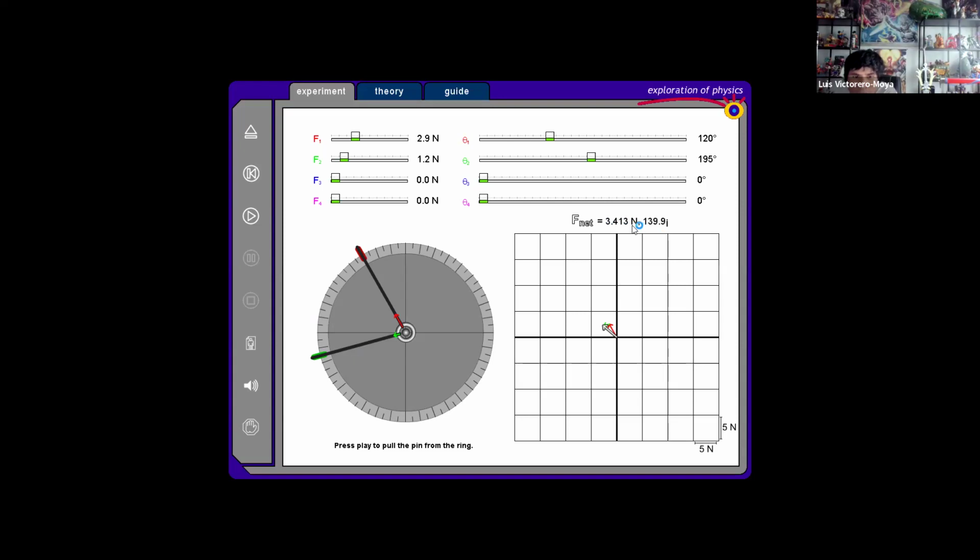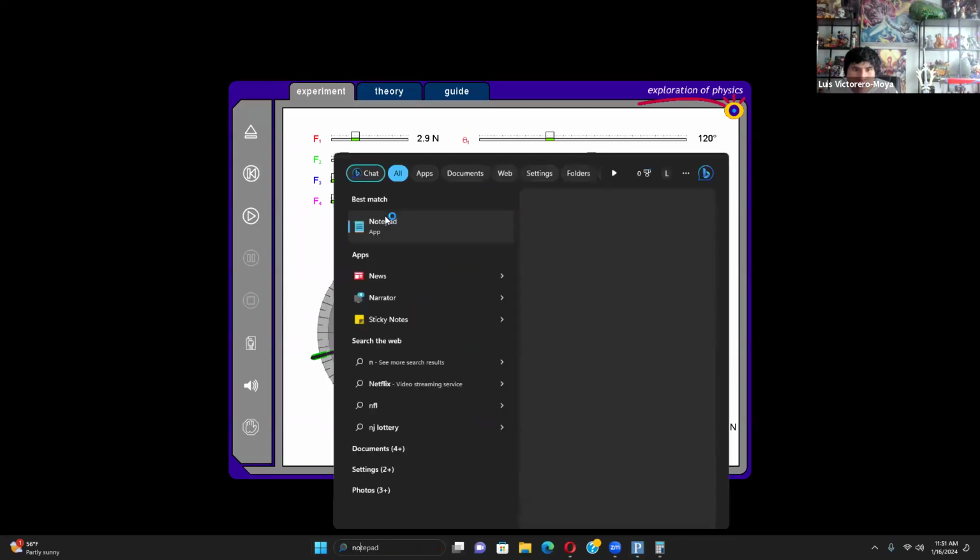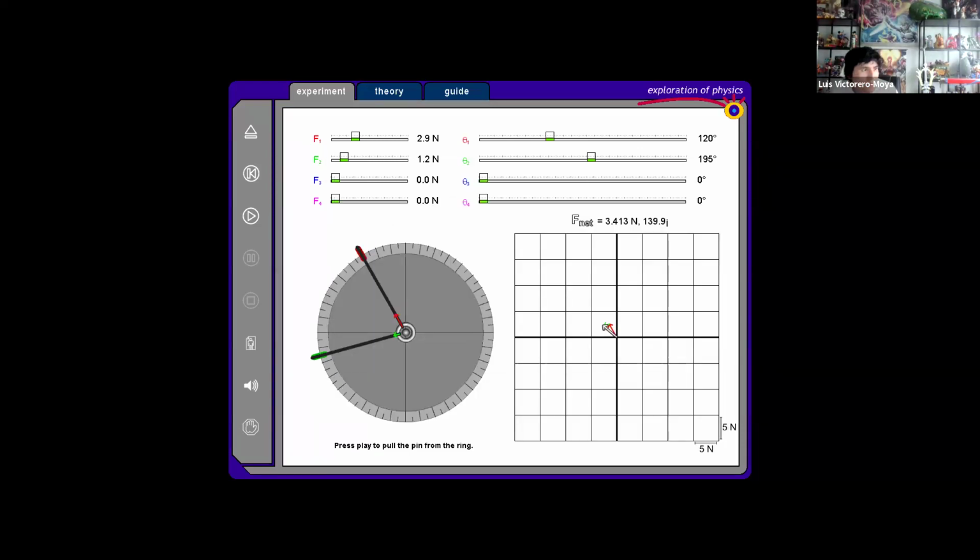If you want to show a calculation on paper, you can use the law of cosines. So 120 and this 195. So 195 minus 120 is 75 degrees. So the way you will do the theoretical value will be by using this.